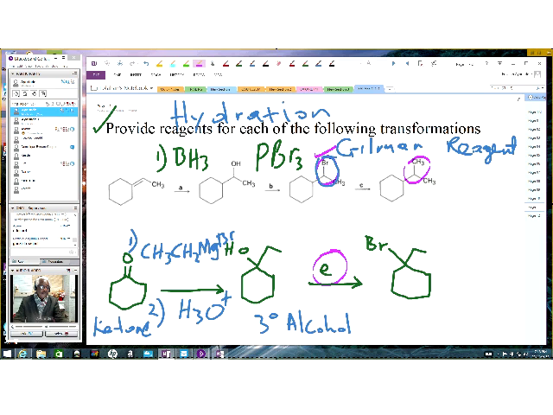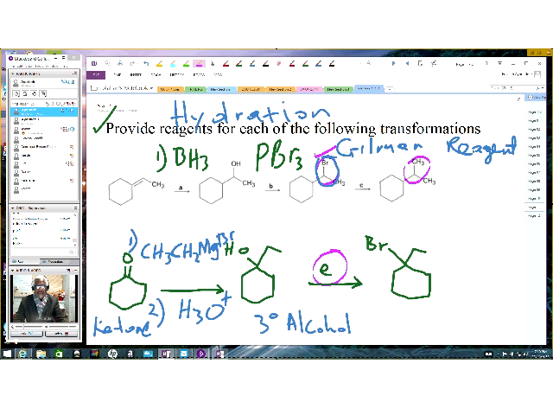Okay, so for this here, what are we doing exactly? Very good. Okay, not exactly correct. I see some of you saying PBr3. PBr3 will convert a secondary alcohol or a primary alcohol to alkyl bromide.